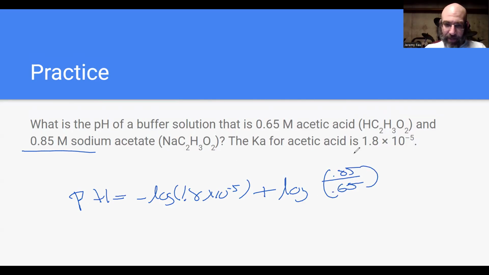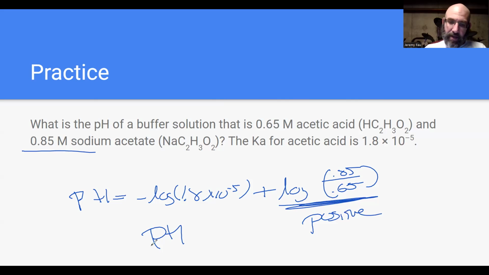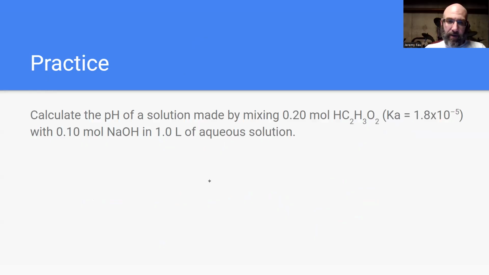And then you would just type it in and solve. I forgot my calculator at school, so I can't solve it for you. But I can tell you that here, because this ratio is positive, your pH will be above your pKa. All right, same thing here.